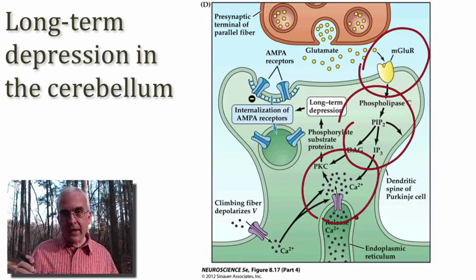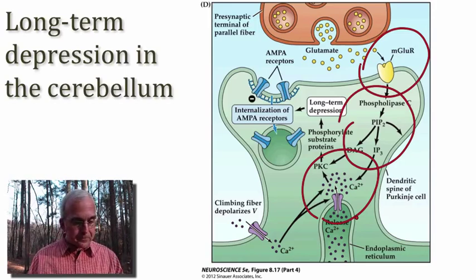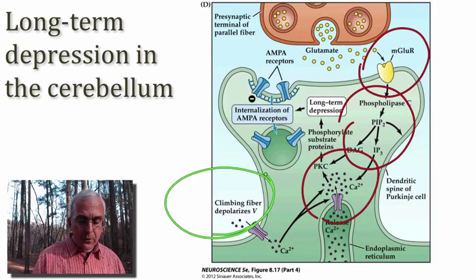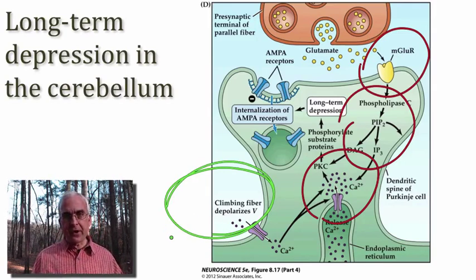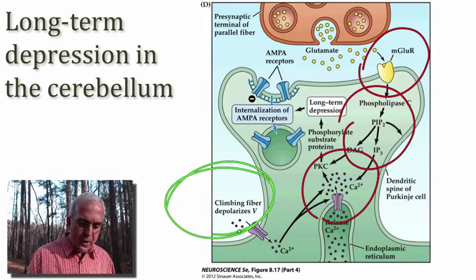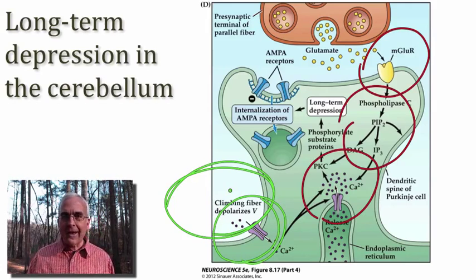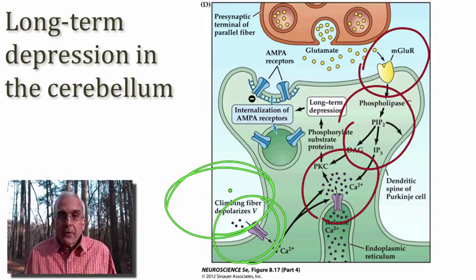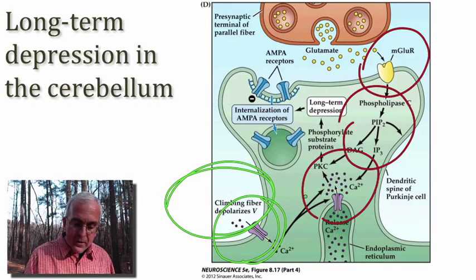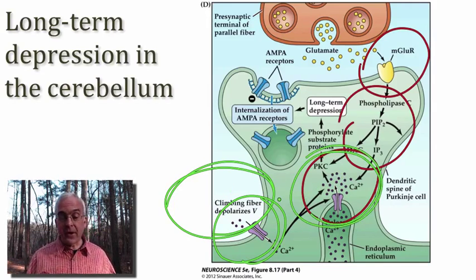So with the activation of the climbing fiber, there will be a massive depolarization of this dendrite. Again, the climbing fiber synapse is one of the strongest synapses that we know about within the central nervous system. So when the climbing fiber is active, there's this profound depolarization which will open up voltage-gated calcium channels, allowing an extra bolus of calcium to flood into that postsynaptic spine, further elevating the levels of calcium that we find.